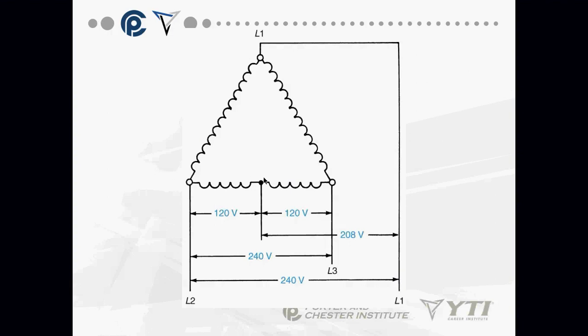If this is my neutral, L1 to neutral is the only leg that doesn't give me 120 volts. You see it?